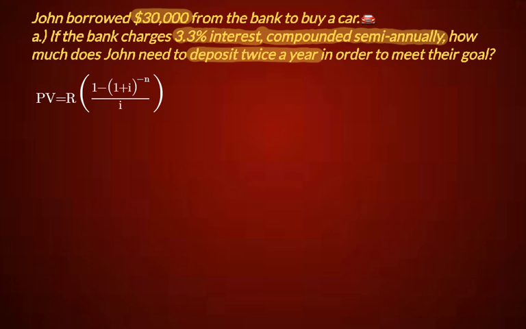John borrowed $30,000 from the bank to buy a car. If the bank charges 3.3% interest compounded semi-annually, how much does John need to deposit twice a year in order to meet their goal?